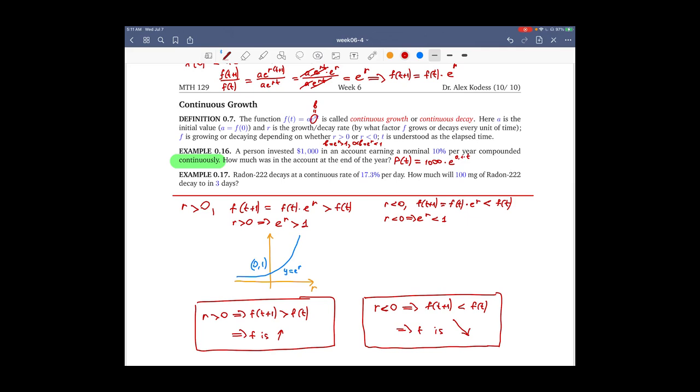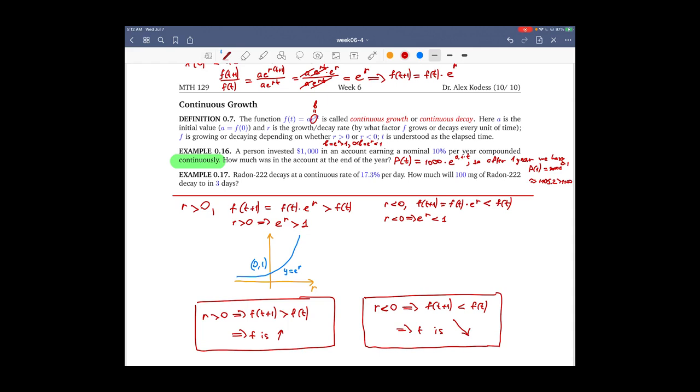That is how much money is going to be in the account after t years. So after 1 year, we have P at 1, which is 1,000 times e to the power 0.1. That is roughly, you could use a calculator, $1,105.2. That is greater than $1,100.